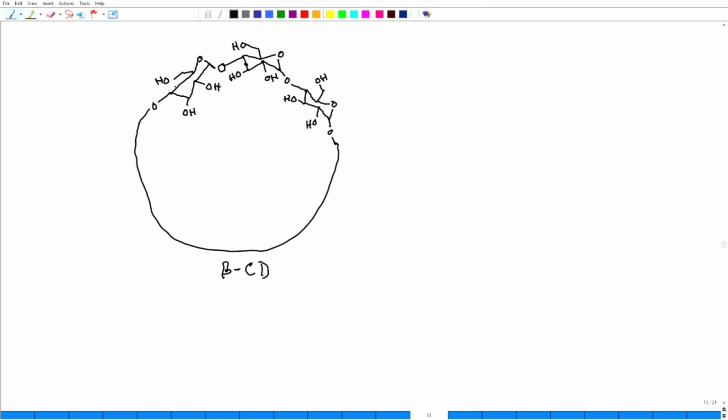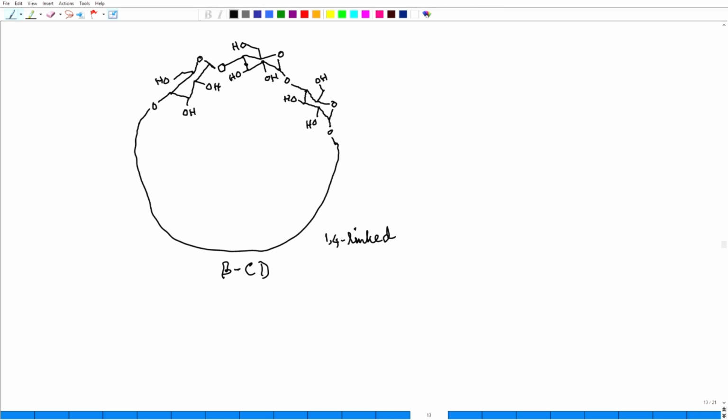These are all 1,4 linked, and they are cyclic. That is why they are known as cyclodextrin. This particular one, when it is 7, we call it beta cyclodextrin. Similarly, we have alpha and gamma.